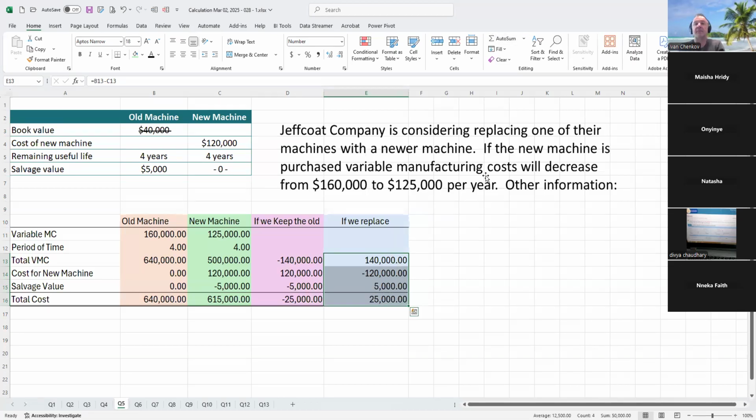Obviously, if I replace it, I'm going to make $25,000. If I keep the old machine, I'm losing those $25,000. Make sense? Yes. So what shall we do? We should buy the new machine. So how can you interpret this question?